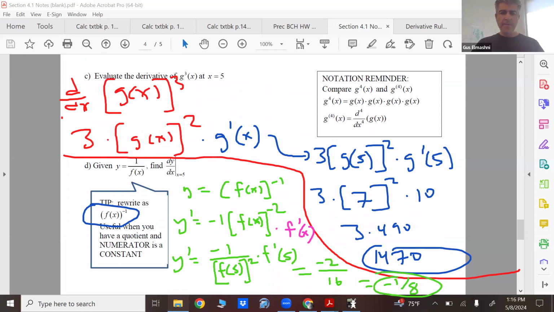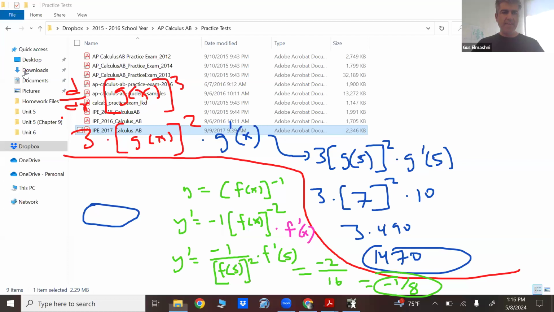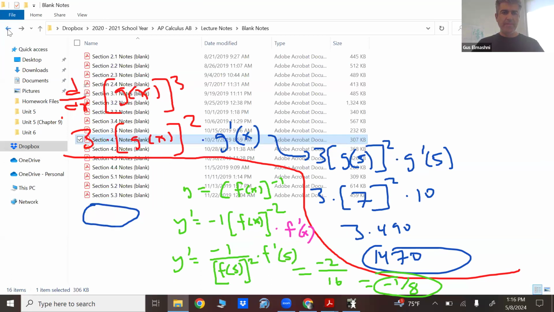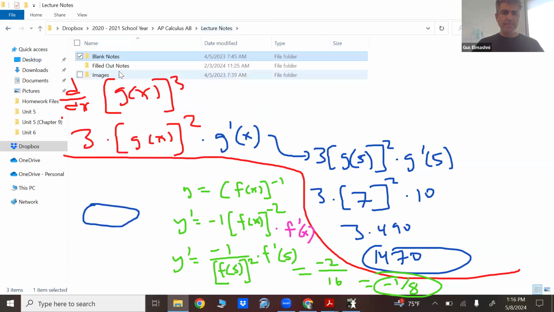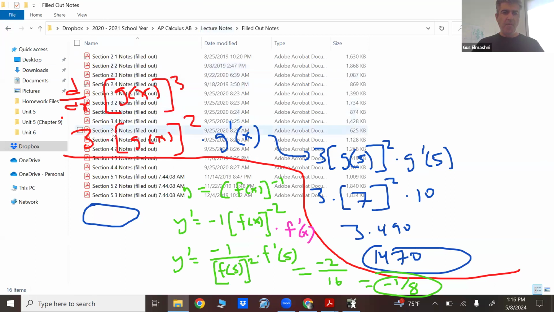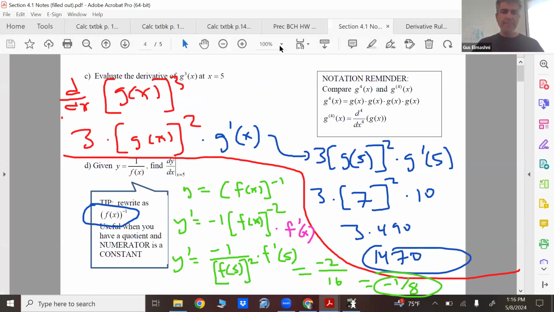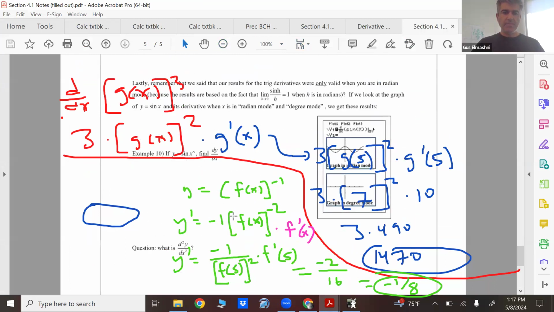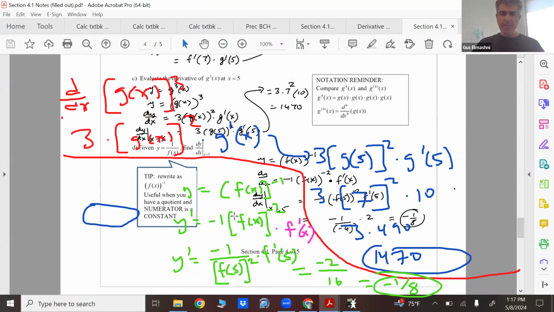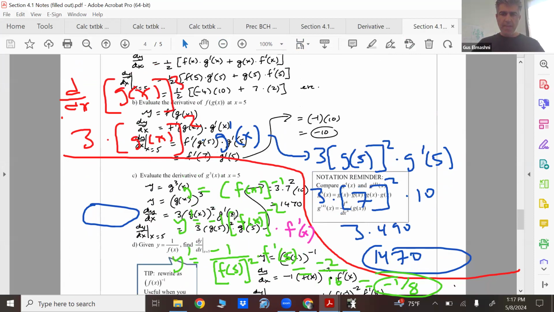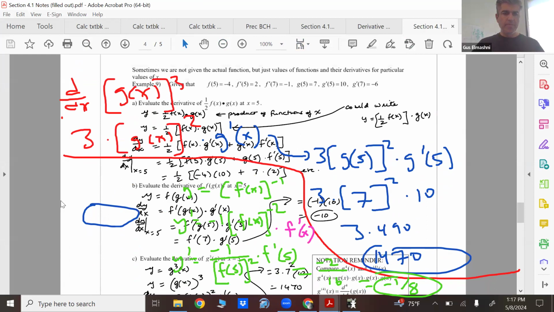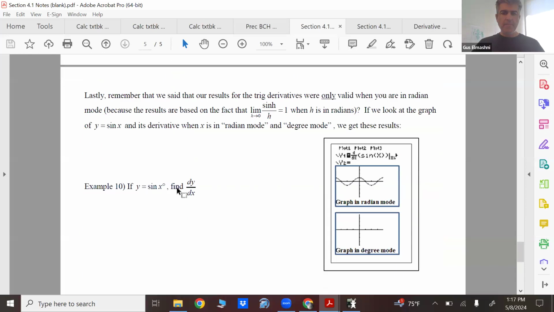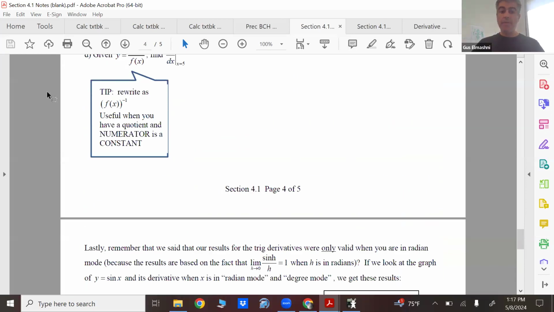Just for my own sanity, I'm going to pull up the filled out notes to make sure I got this. Yep, -1/8, 1470, -10. So cool. -1/8.